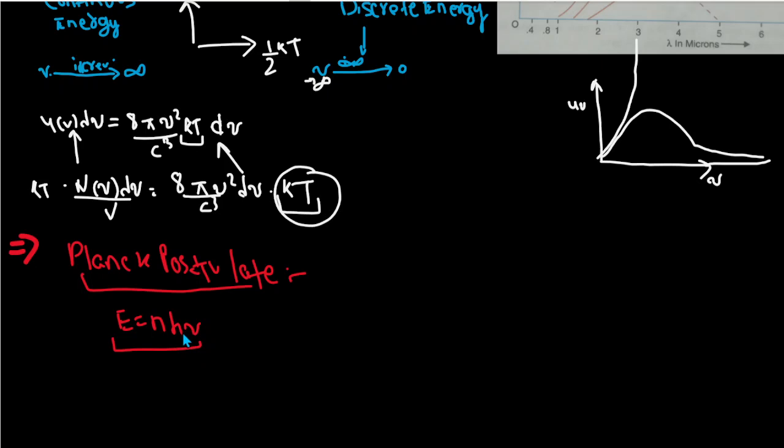And that is the consequence of the Planck postulate. What Planck did was use the discrete energy, and using the discrete energy, he derived the average energy formula.